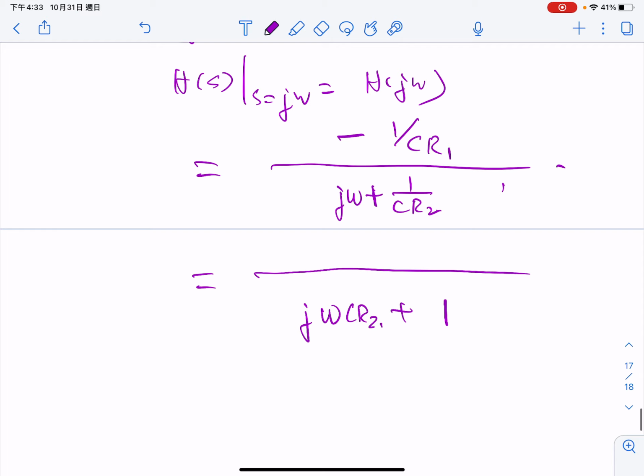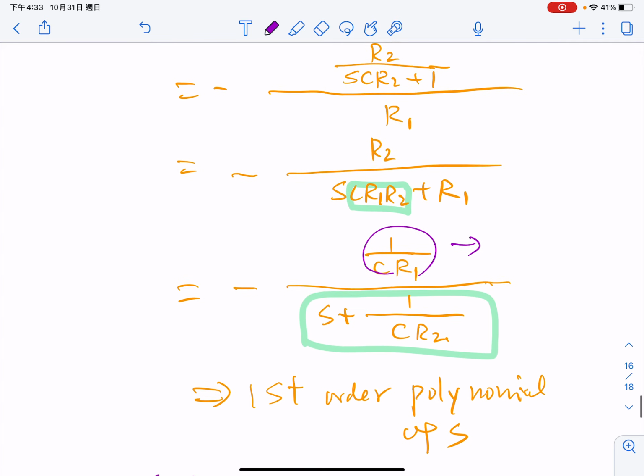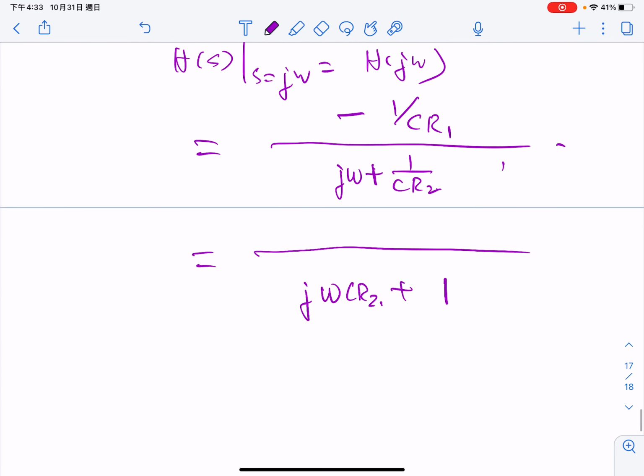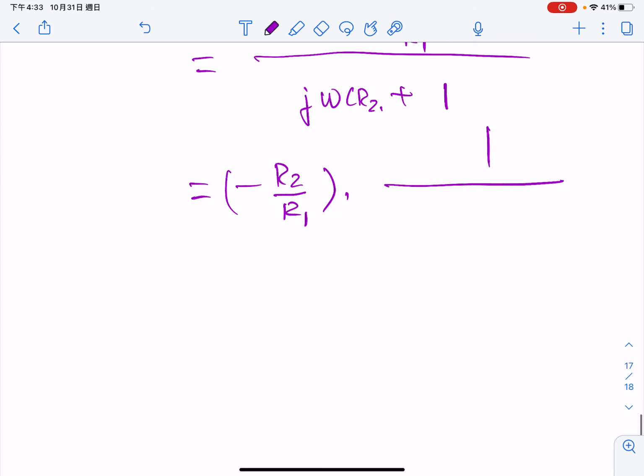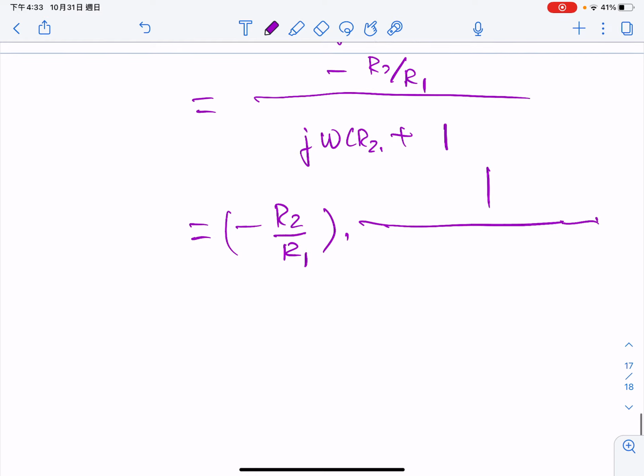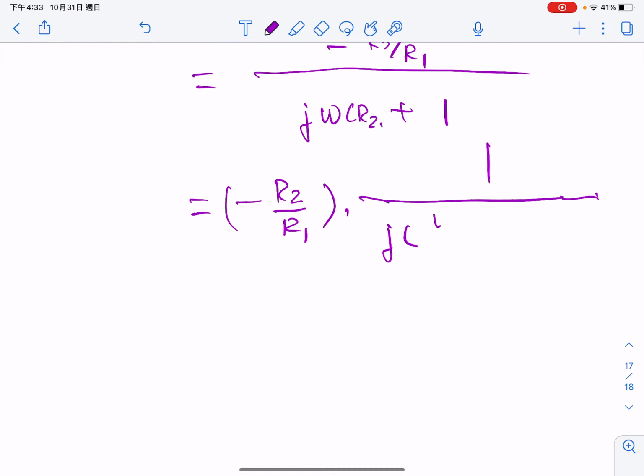And this one will be minus R2 over R1, right? So I can move minus R2 over R1 to here. I can have 1 here. And I'm going to have j omega over 1 over CR2 plus 1 here.